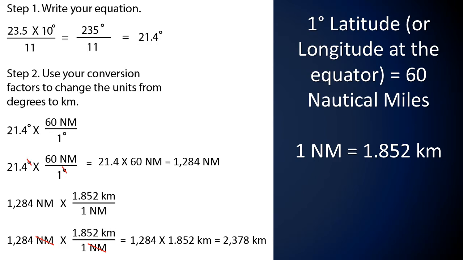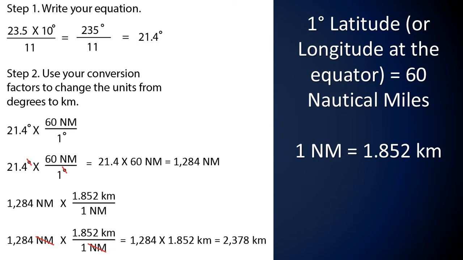Then we cancel the units of degrees and multiply out. 21.4 times 60 is 1,284 nautical miles. Then we multiply the nautical miles by our conversion factor, 1.852 kilometers to 1 nautical mile.